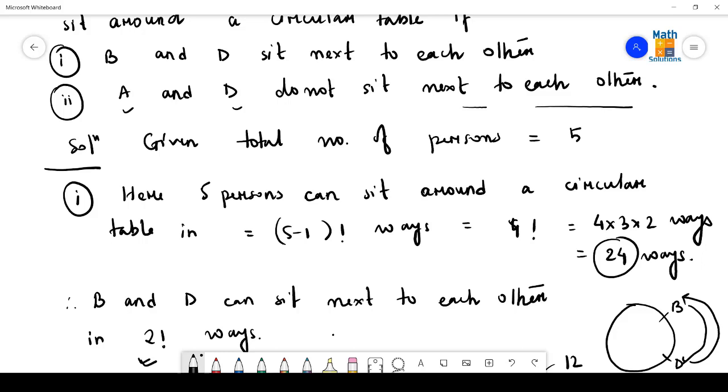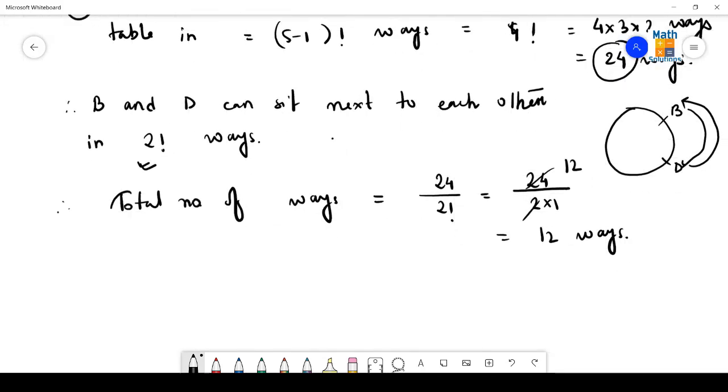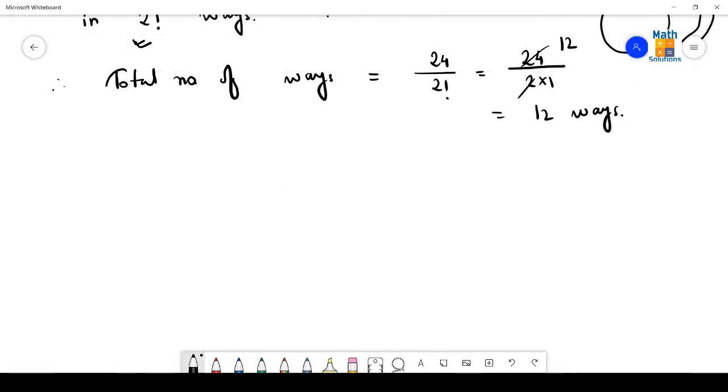So here directly we can use the formula half n minus 1 factorial, as already given in the notes, as given in the preliminary informations.